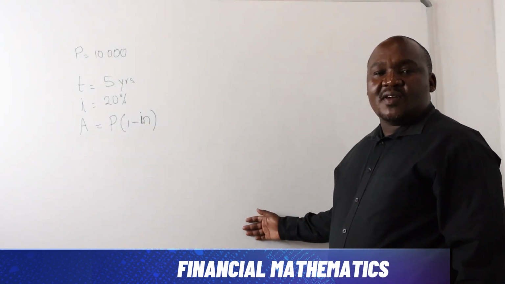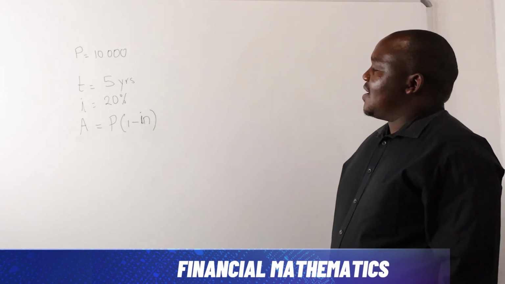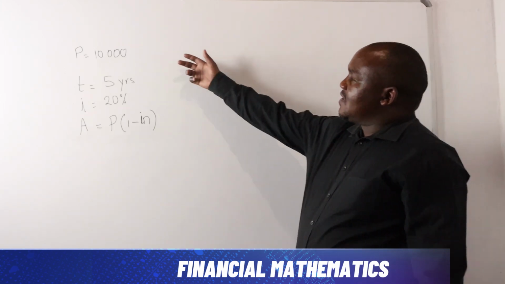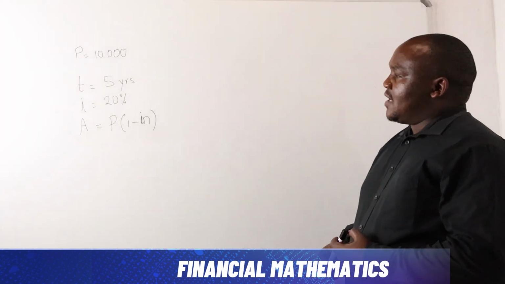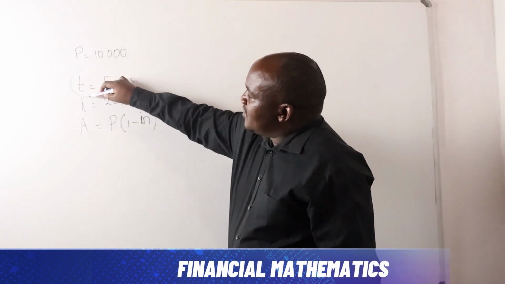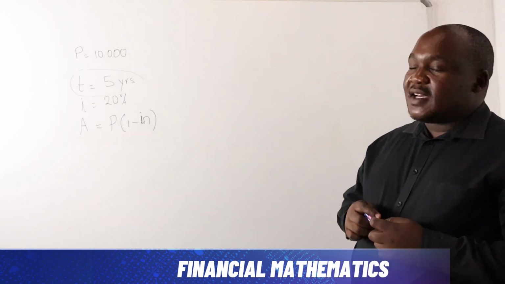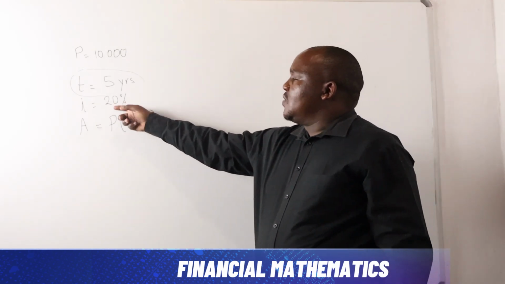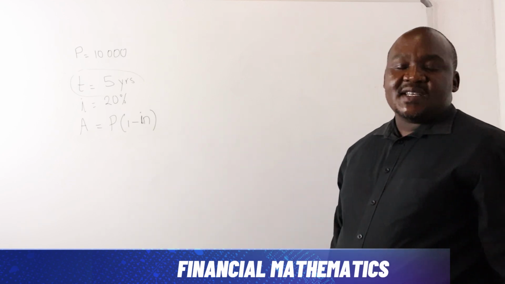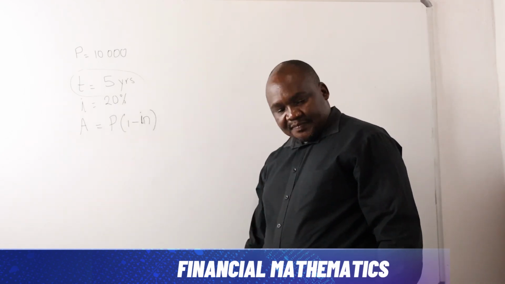We are going to look at the next question, which tells us about Kuda, who buys a very expensive laptop for 10,000 rand, and he will only be able to replace it after 5 years. And we are told that the rate at which the laptop depreciates or loses value is 20%.